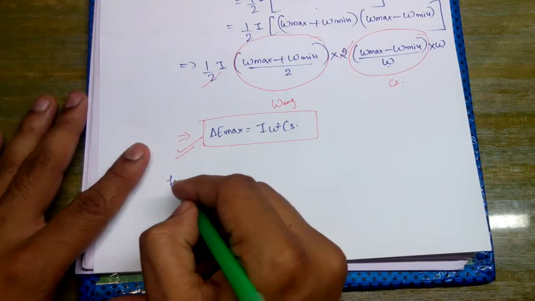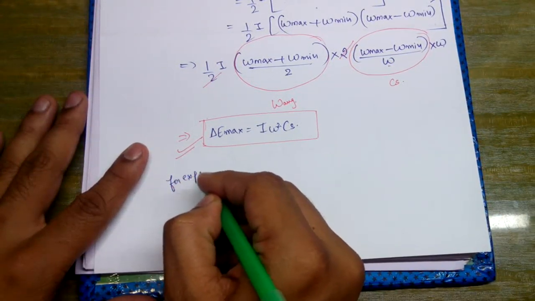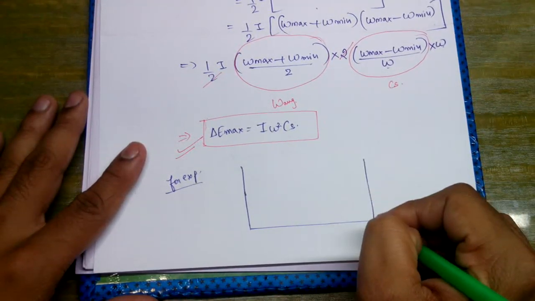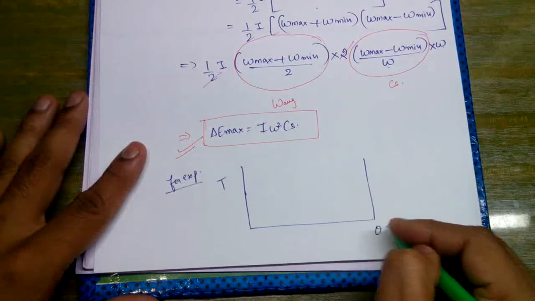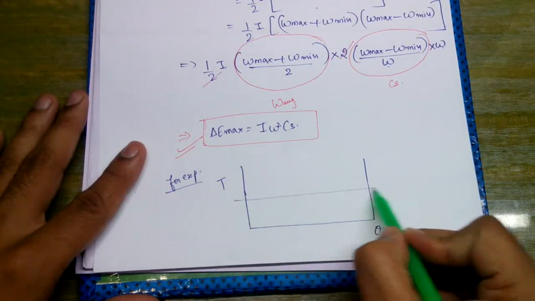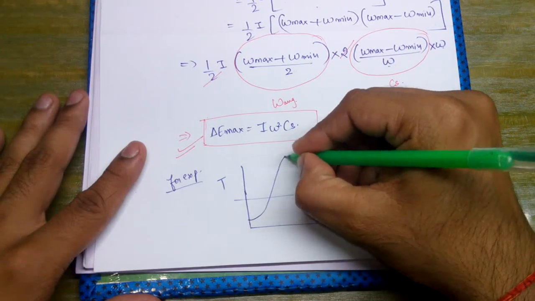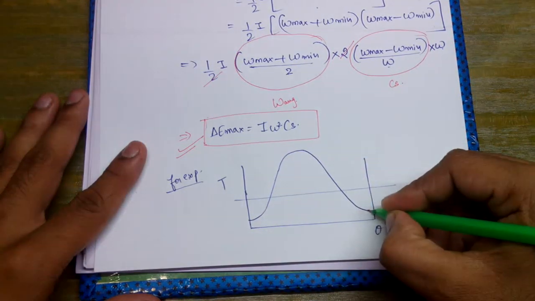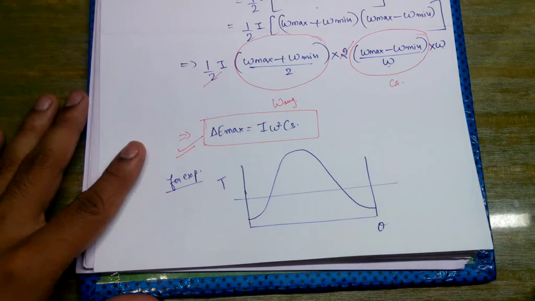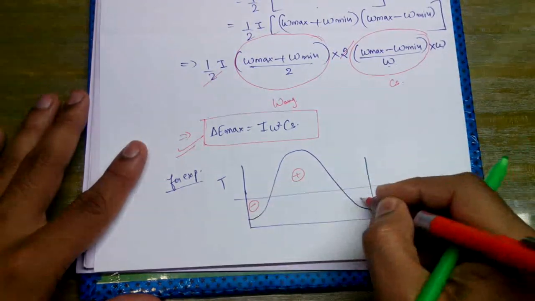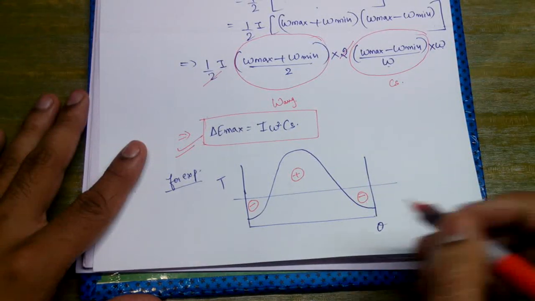Now we see, for example, that we have been given a T theta diagram, and this is the T mean torque line. The portion lying above is positive, and these are negative or deficient energy regions.